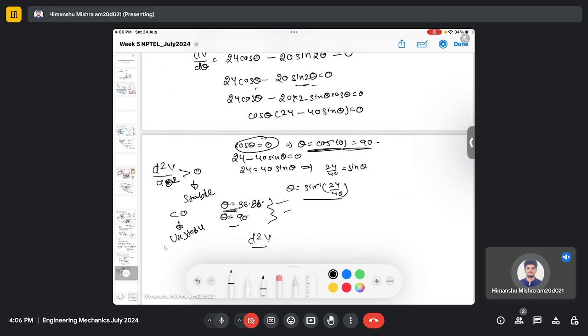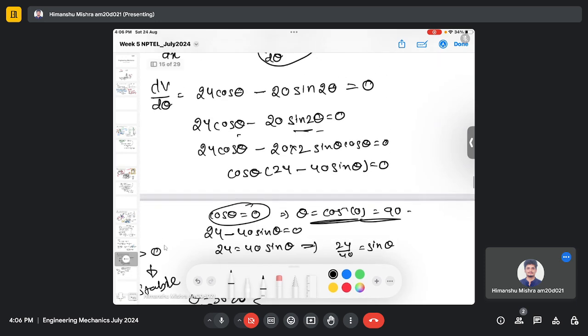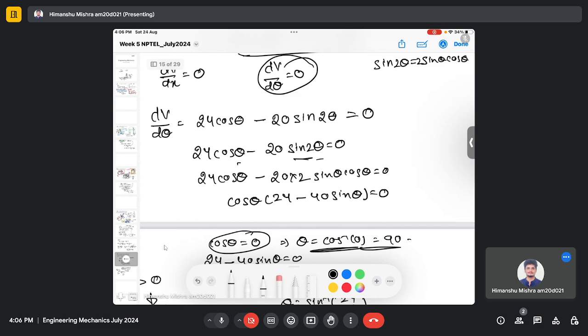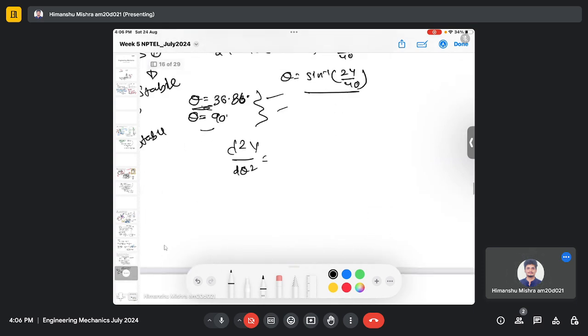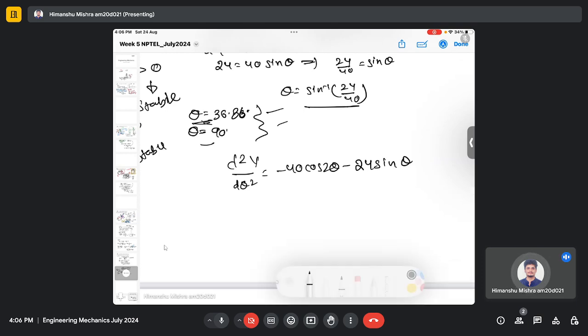So the double derivative will be minus 40 cos 2 theta minus 24 sin theta. We need to determine whether the system is stable or not at each of these fixed positions.